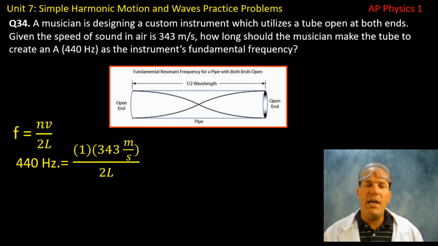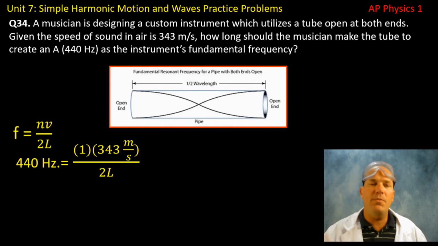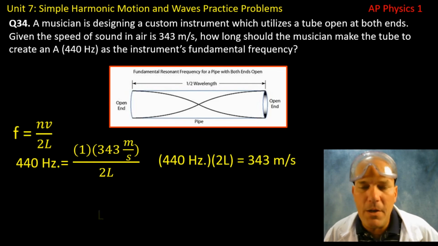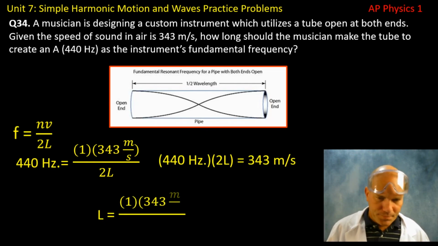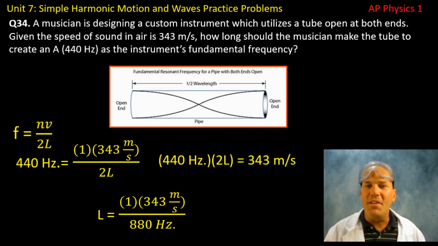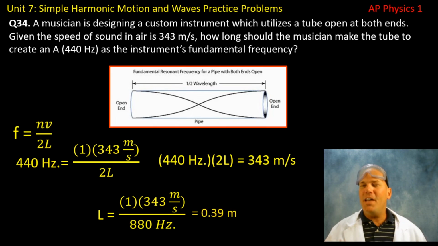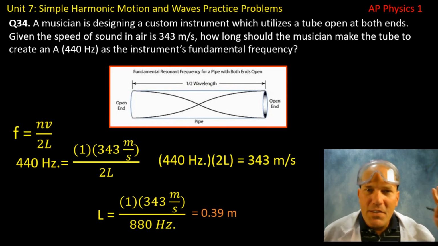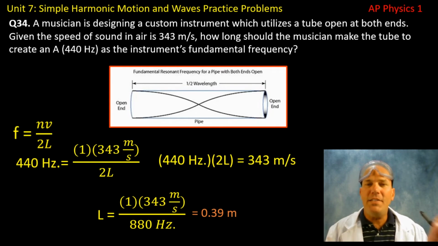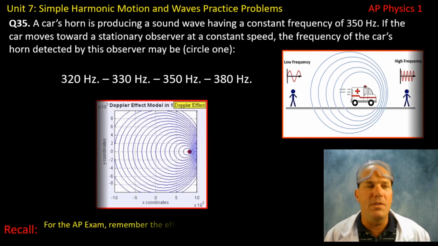We have the speed of sound and twice the length, which comes from the relationship between the length of the column and lambda or wavelength. So solving this now, we can rearrange it algebraically, and we can find for the length, we get that this musician should go ahead and utilize a tube that is 0.39 meters long. That's how long the musician should make this tube for the fundamental frequency.